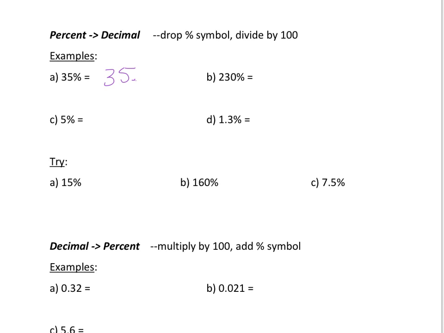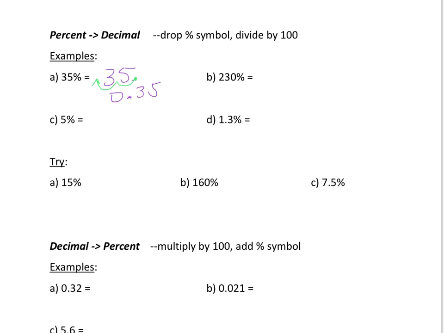I'm going to just switch colors for a second. So there's my original decimal place. I'm going to move it 2 places, so that's where it becomes. So we end up with the number 0.35, and that's where the decimal place goes. The 230% will do the same thing.